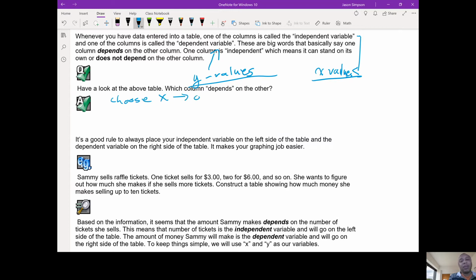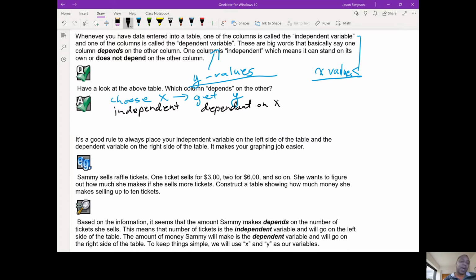So we choose the x, and this represents what we call the independent part, and then we get the y based on the x, which is dependent on the x, right?